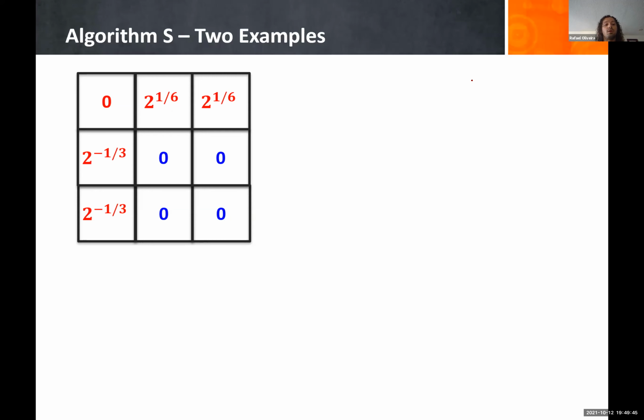Here I am normalizing the rows, and then I normalize the columns, and then I normalize the rows. Doing this, you will see that the more I normalize, this matrix is tending to 0. So this is the first example.